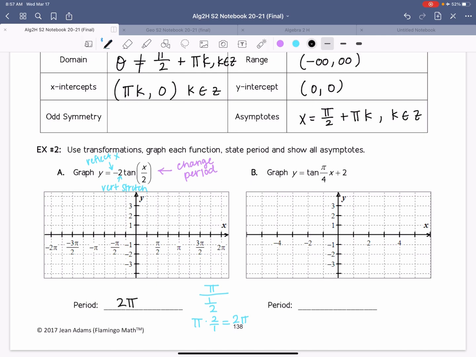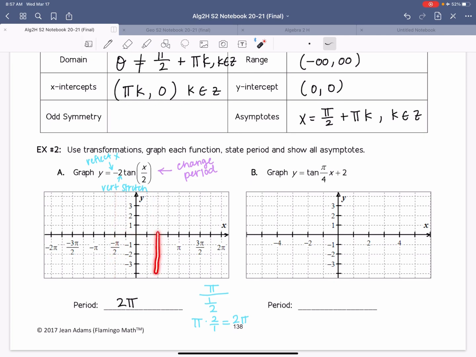Between all of these vertical asymptotes, it's going to be a distance of 2 pi. To find your first one, remember it's going to border evenly your y-axis. This is where it's normally at with a distance of pi. Well, I need to double this distance, so I'm going to double it on each side.